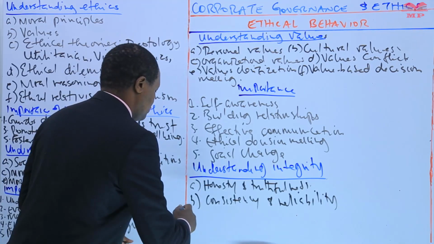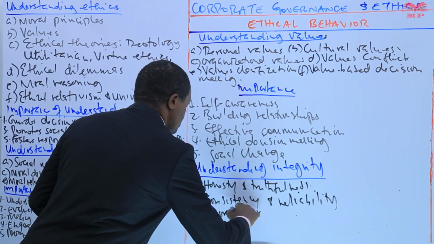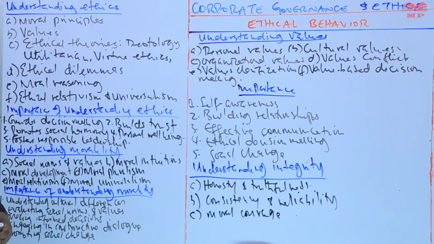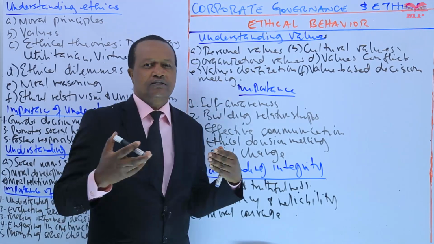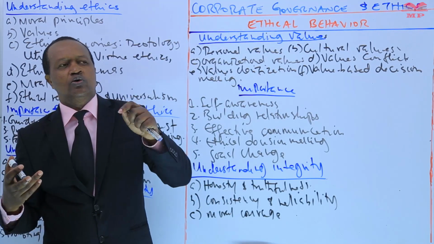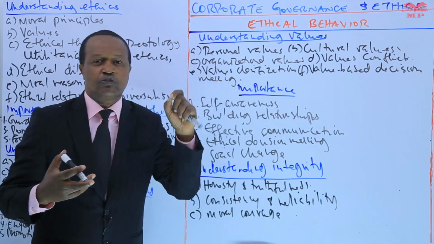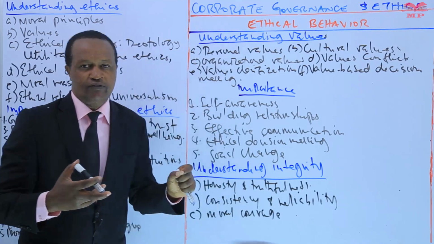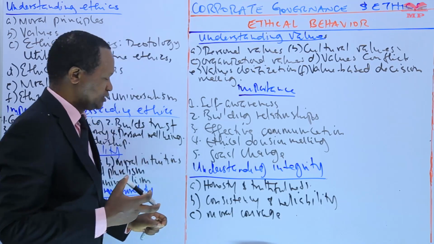There's also the aspect of moral courage. Integrity requires moral courage, which is the willingness to stand up for what is right, even when it is difficult or unpopular. That means resisting pressure to conform to unethical behavior, and speaking out against injustice or wrongdoing.